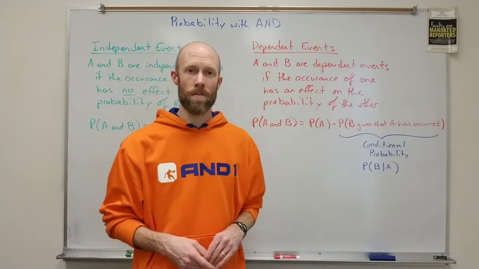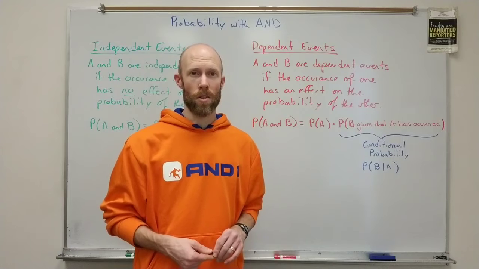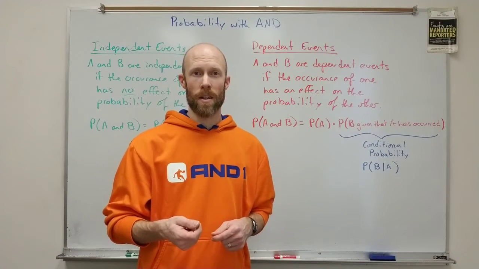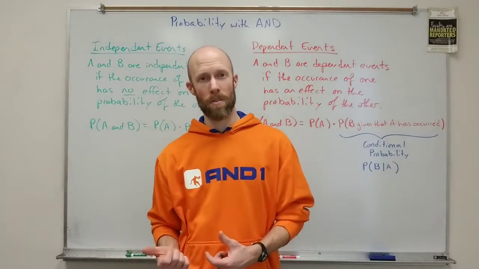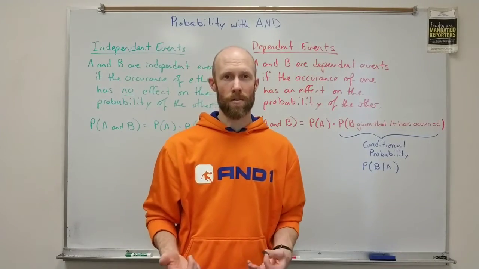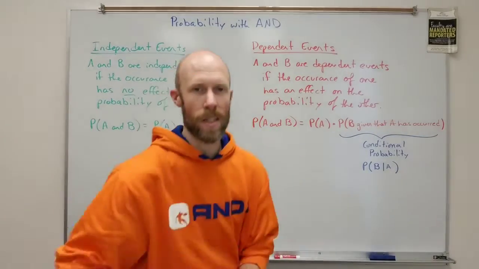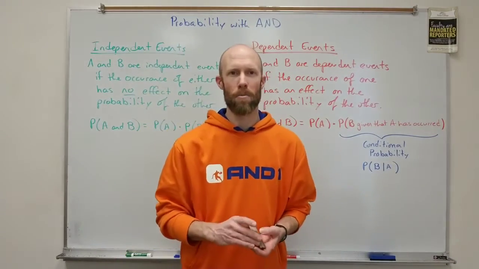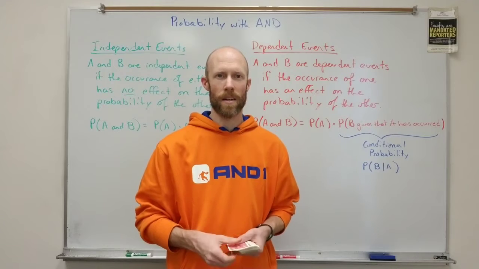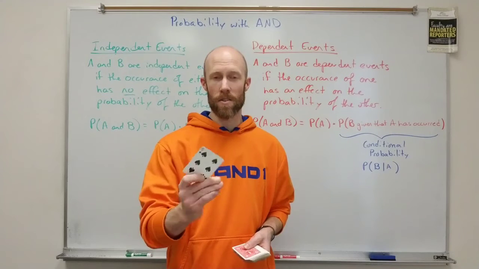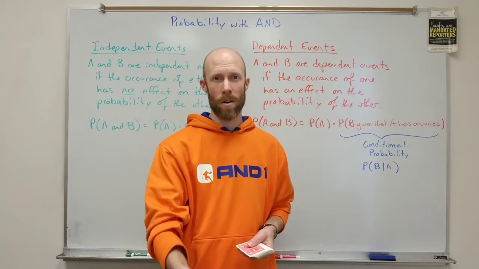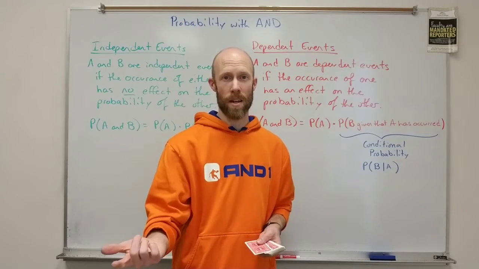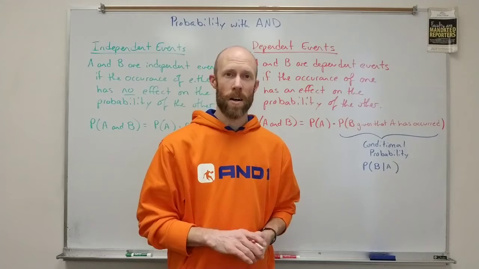Dependent events are different. Dependent events occur where one thing occurs and then a second thing depends upon the first. It'd be like a deck of cards. If you deal out a hand of poker, for instance, and the first card you get dealt is a 6 of spades, well, the probability of anything else happening is now changed because that card is out of the deck.